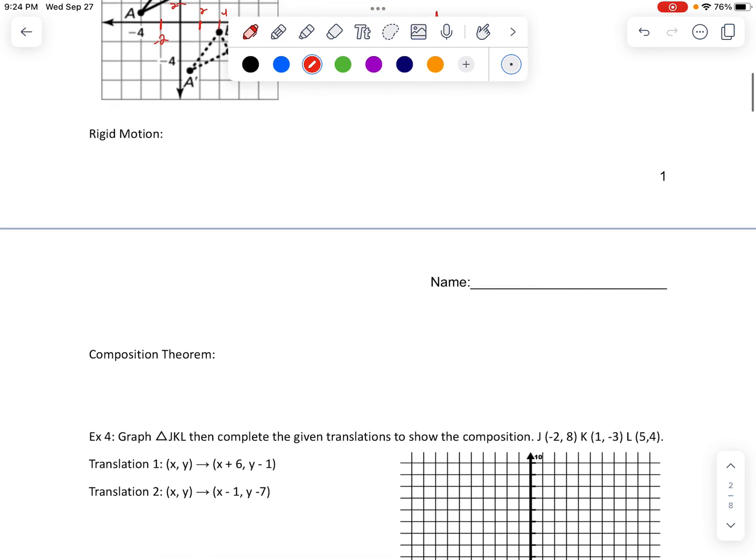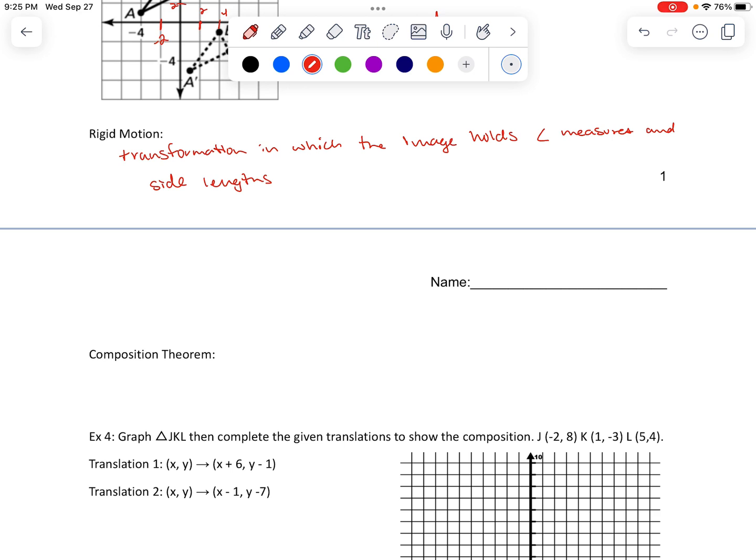Couple more things here. A rigid motion is a transformation in which the image holds angle measures and side lengths. So when we're saying holds, they keep it the same.